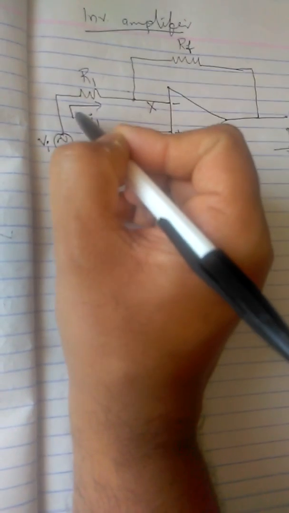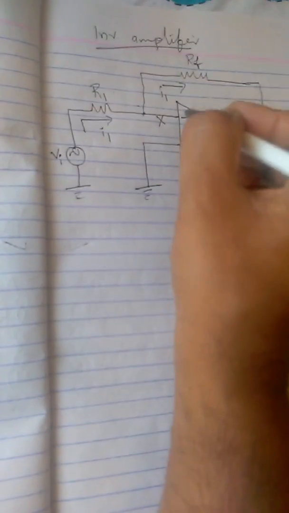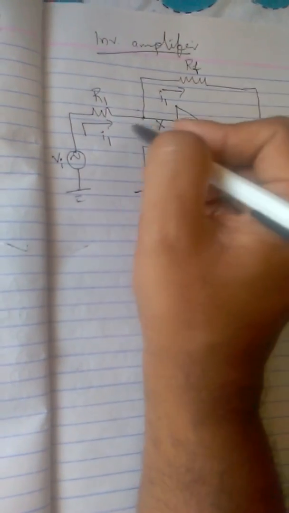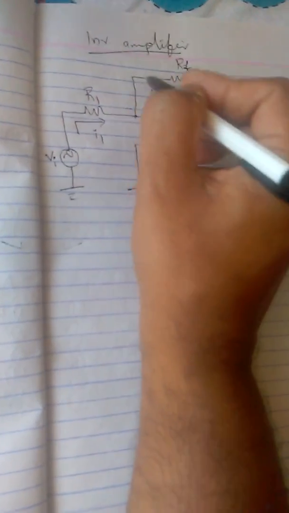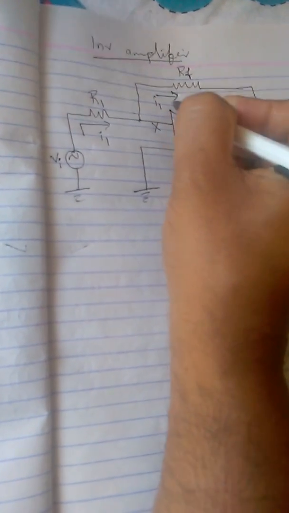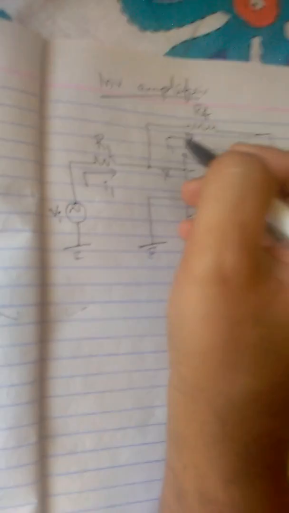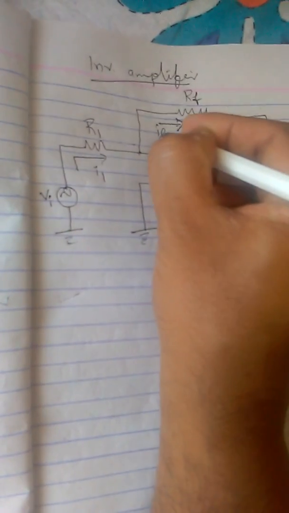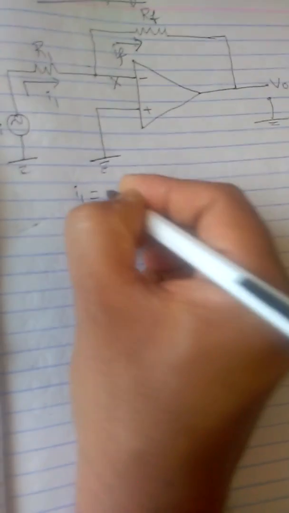So whatever current flows through R1 will straight away enter into RF. That current I can call IF. IF means it flows through the feedback resistance. So I can write I1 equal to IF, because of the high input resistance of the op-amp.